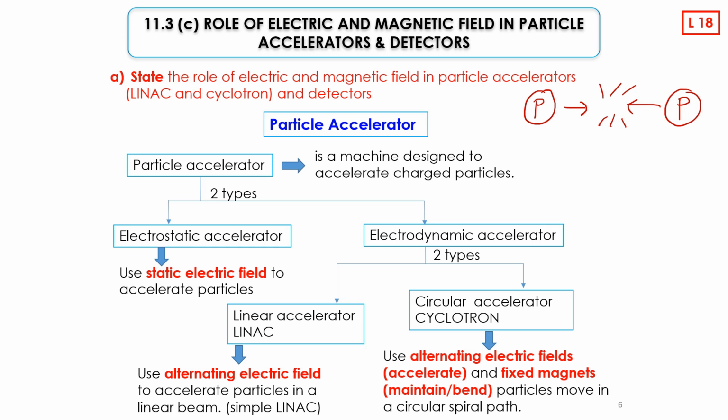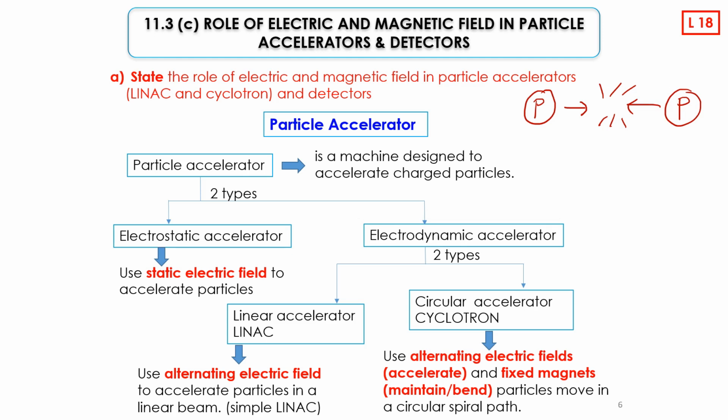For particle accelerators, there are two types: electrostatic accelerator, which, as the name implies, uses a static electric field to accelerate particles. Electrodynamic accelerator, on the other hand, has two types. The first one is the linear accelerator. The second one is the circular accelerator, known as the cyclotron.